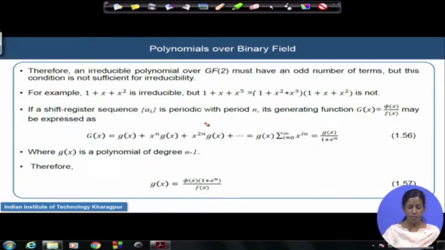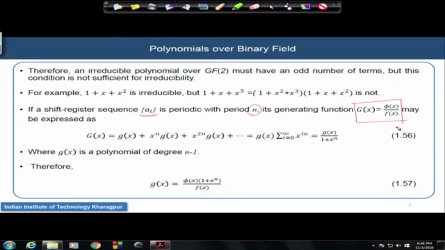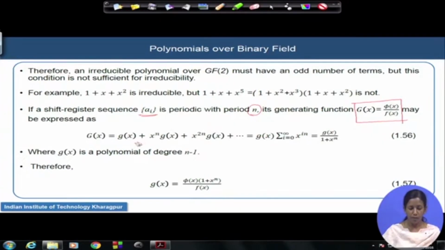Now, next, if I have a shift register sequence A i which is periodic with a period of n, then the generating function that we have just learnt, of the form phi x by f x, where f x is the characteristic polynomial, can be expressed like this: g x plus x to the power n g x plus x to the power 2n g x, a combination of all these.